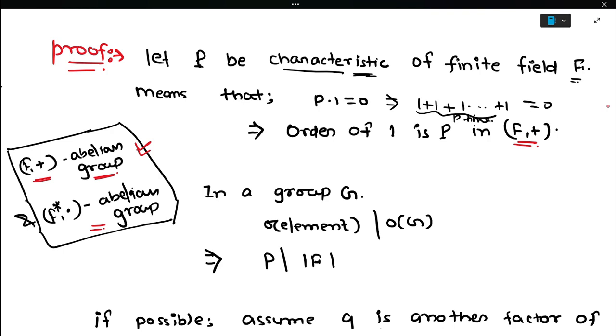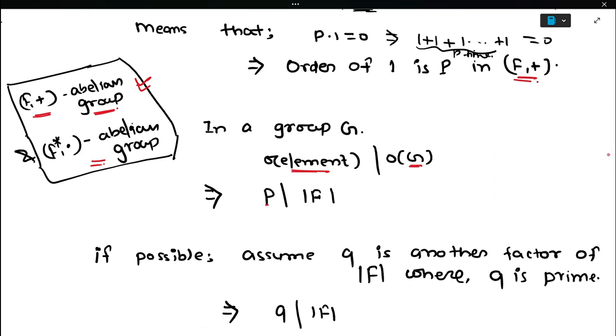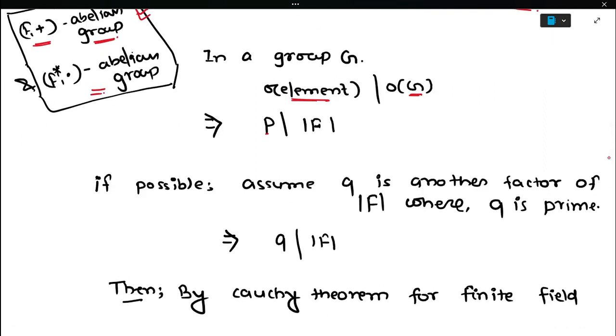In a group, the order of any element divides the order of the group. So the order of 1 is p, so p will divide the order of the field, written as the cardinality of F. Now, if possible, assume q is another prime factor of the cardinality of the field.